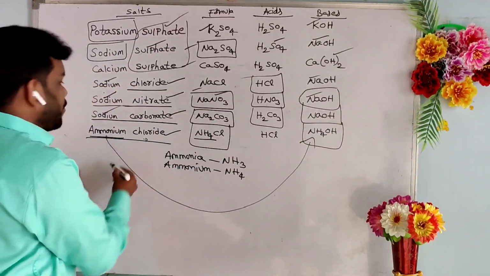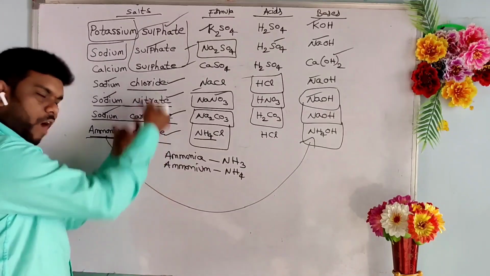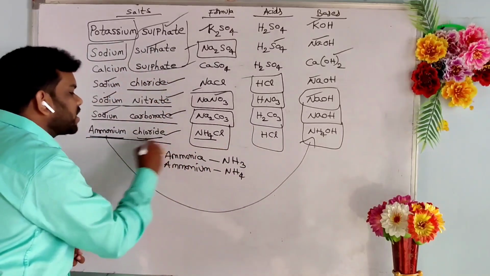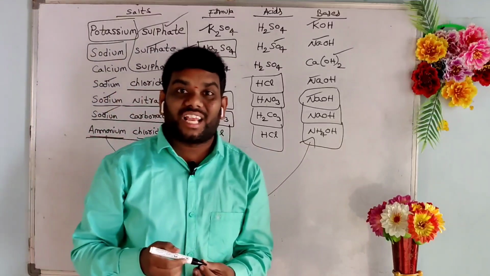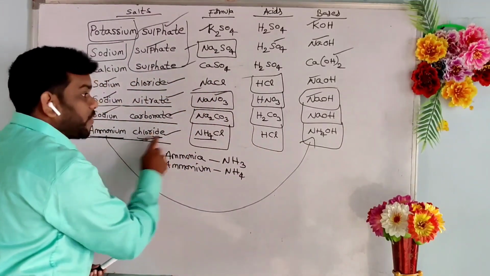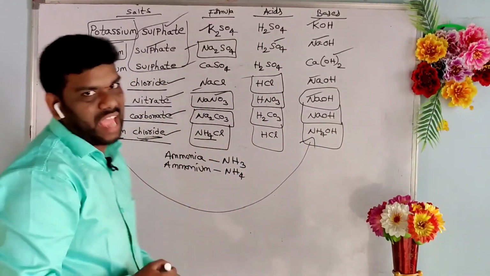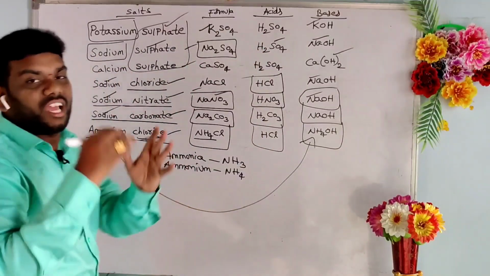So for ammonium chloride, in this family of salt, what is the acid category? HCl. Because it is the chloride family, HCl, and ammonium hydroxide is the base added. So these are the formula families of salts.